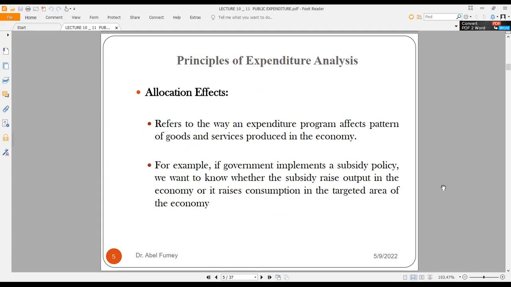What it means is that after the government has incurred all this cost, will this expenditure affect the pattern of production in the economy? The government is embarking on projects that require funding. So after the government has funded all this, is it actually going to change the pattern of production in the economy?